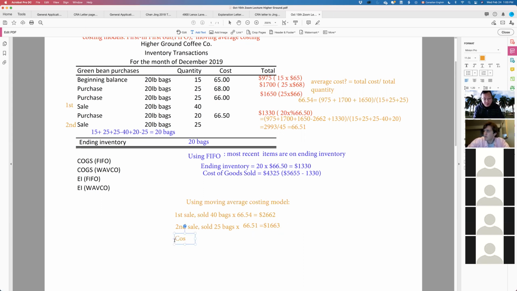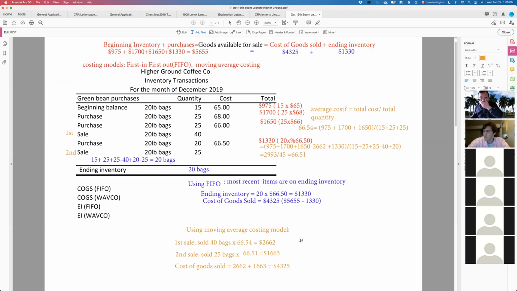So my cost of goods sold will be equal to the first plus the second: 2666 plus 1663 equals 4325. Does this make sense? Yep.